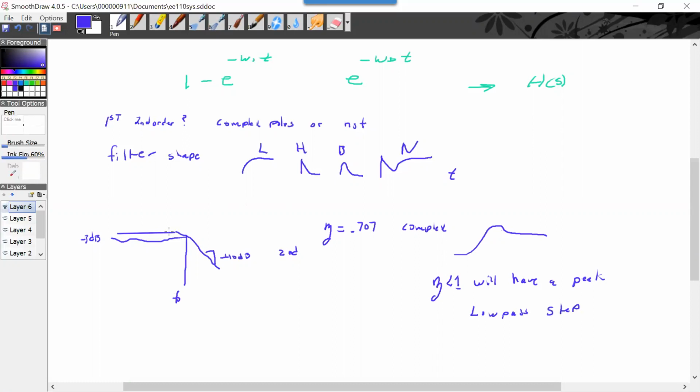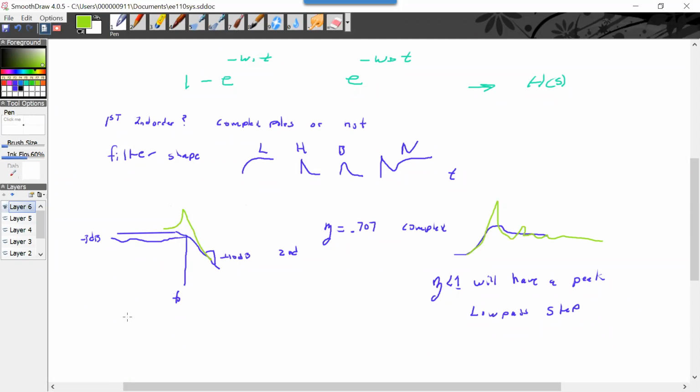Now, if this has this kind of shape, this will really go like that. But what I notice is sometimes people confuse or forget that a peak here will guarantee a peak here, but a non-peak could still be a peak.